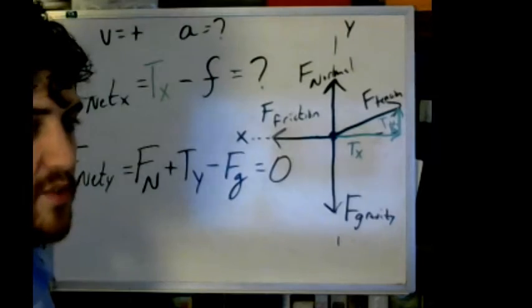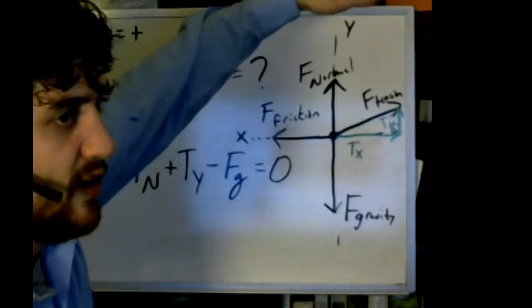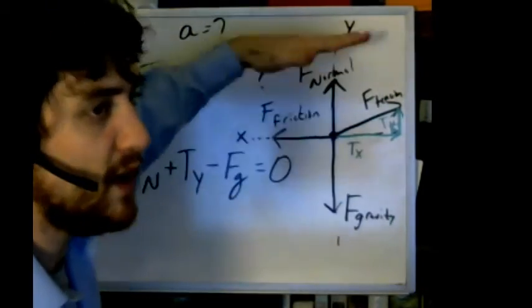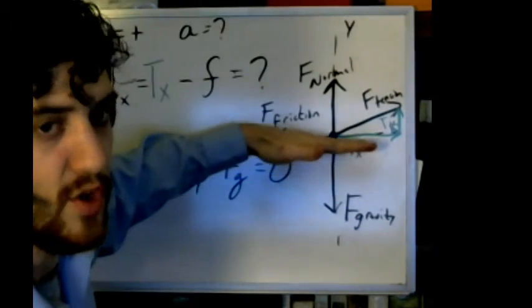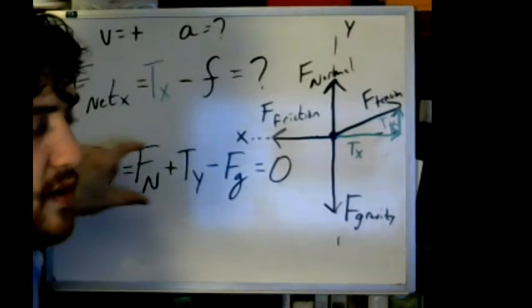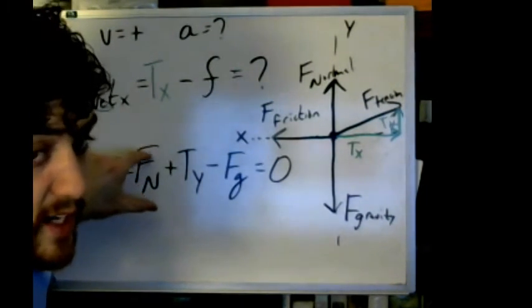We know this because we understand this motion vertically. The sled is not flying up into the air. The sled is not burrowing into the ground. It is not moving vertically at all. There's no acceleration vertically. That tells us that there is no net force vertically. These things have to add up to 0.